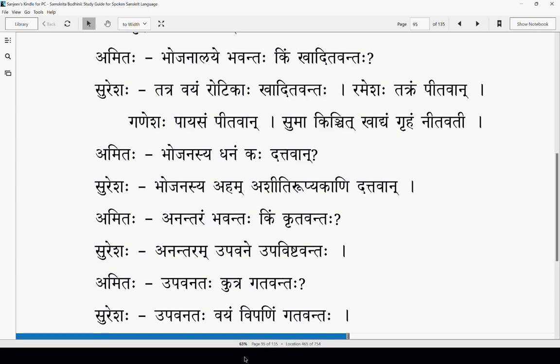Oh okay, that's a good word. All of these, Payasam, Takram, Khadyam, are Napunsakalinga words. But here they are coming in the Dvitiya Bhakti, like Payasam Pitavan.